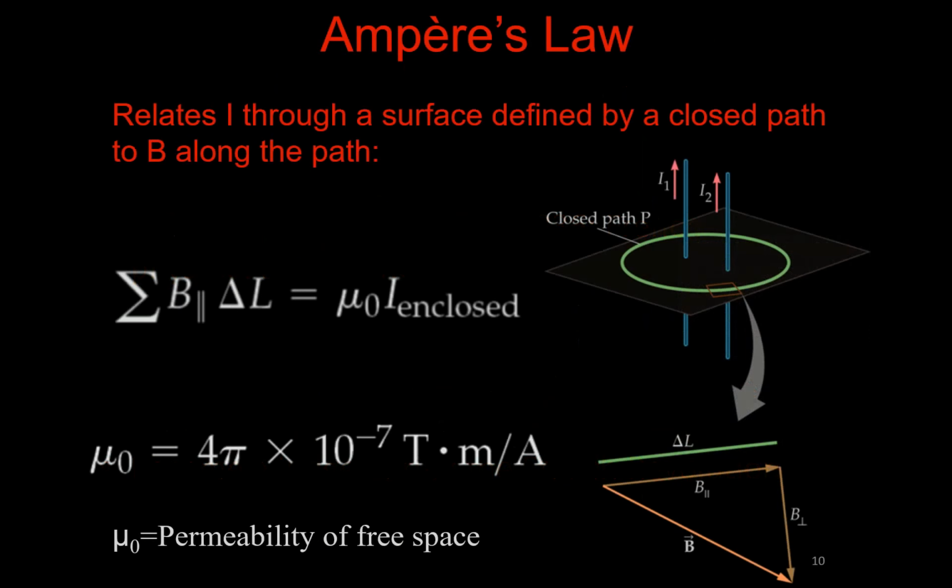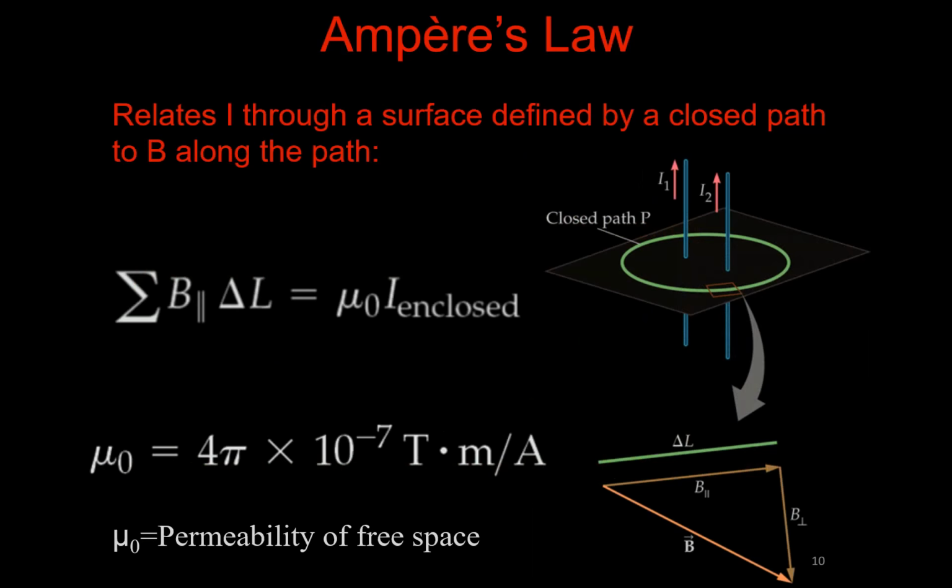Now, Ampere came up with his own law, and Ampere's law relates the current through any surface to the magnetic field that's generated. And he was looking at wires and basically passing currents through different wires and looking at how those wires would actually influence one another.